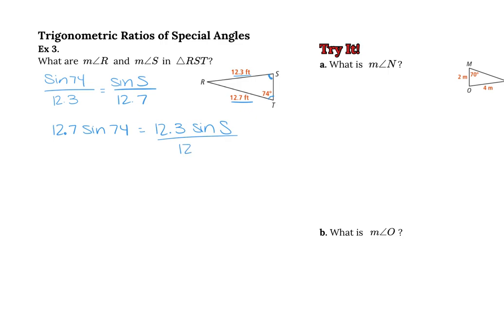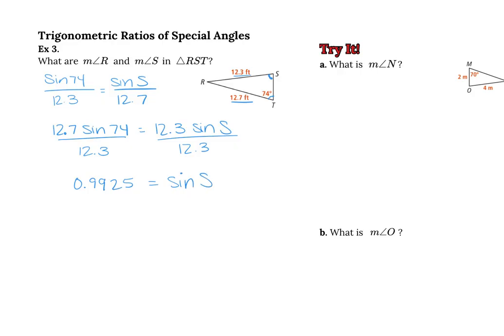Divide by the 12.3. Once I calculate that, I would get 0.9925 equals sine of S.